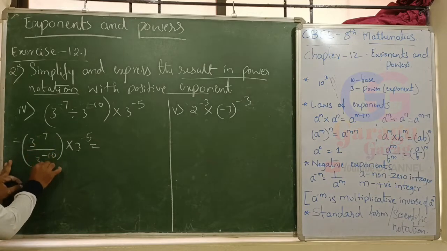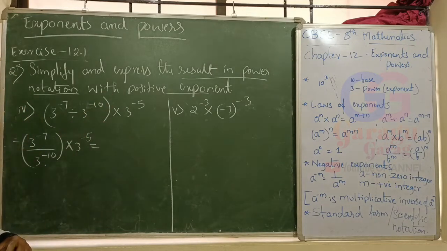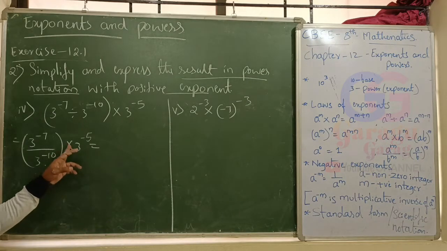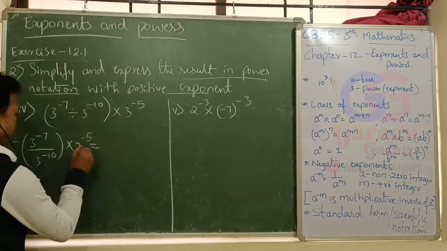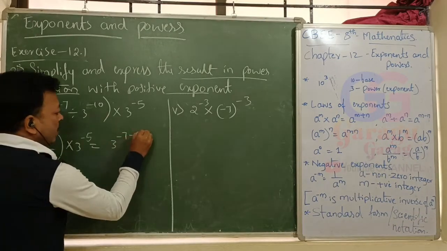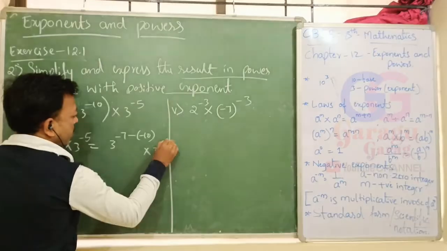Because they have given the bracket, based on BODMAS, the division we have to solve first. Don't solve it as a multiplication. BODMAS: bracket, division and then multiplication. So see here, 3 raised to minus 7 minus of minus 10 multiplied by 3 raised to minus 5.